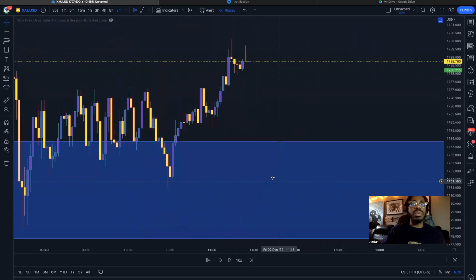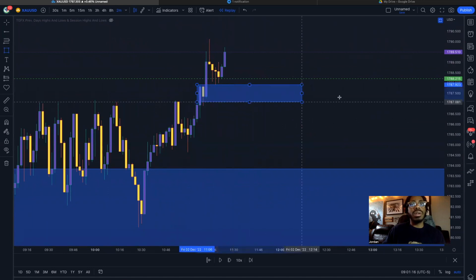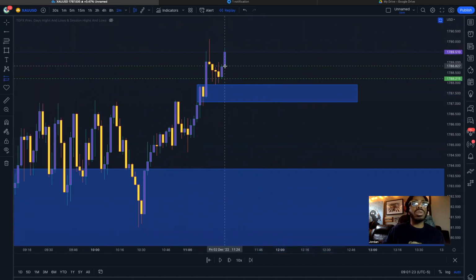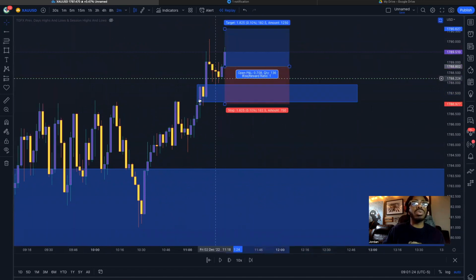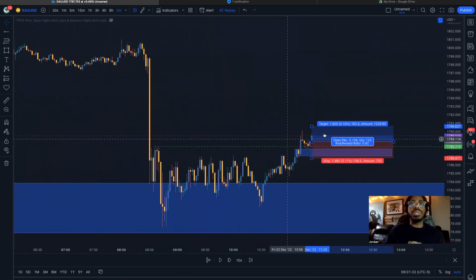Then we finally get another engulfing just to confirm, and you can see where the price came to. Another continuation pattern came, tapped into it, and created a bullish order block. From this point, you can either enter right on this bullish order block, or right below the previous continuation pattern to give you more confluence and to protect your order.